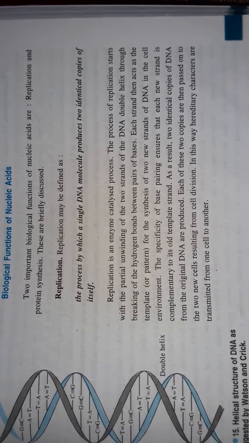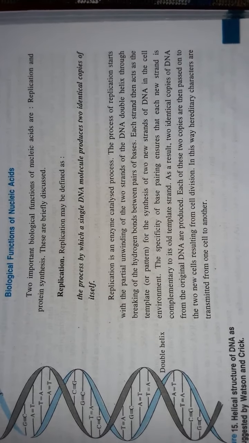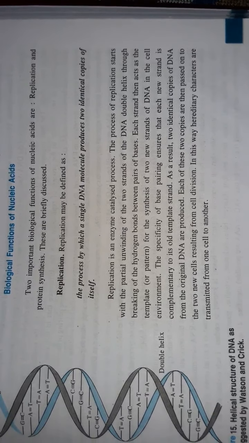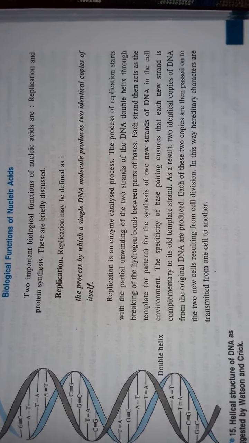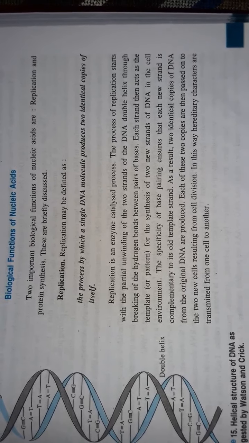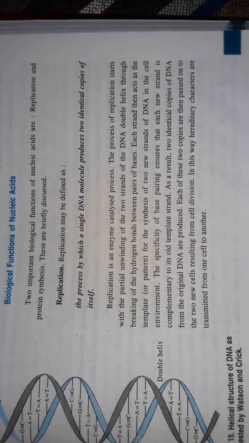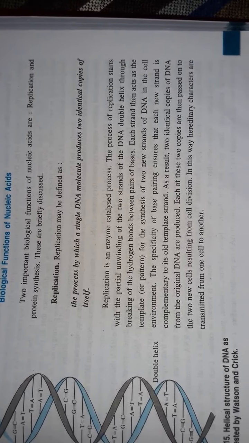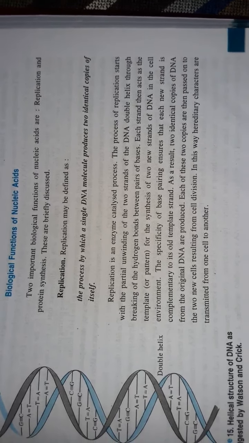identical copies of itself. In other words, replication is also known as the heredity transfer of characteristics. Here, the double helix of DNA is a storehouse for the genetic information of the organism.